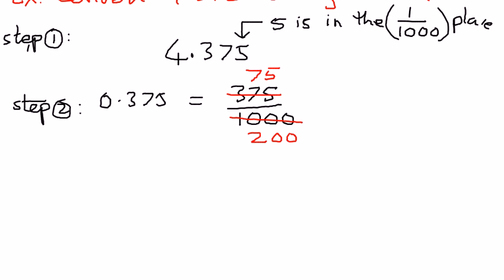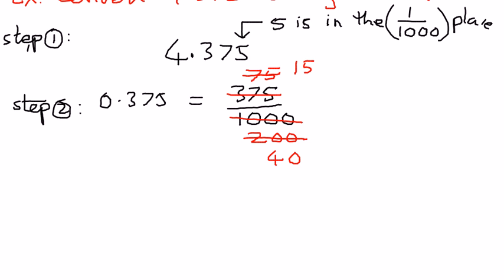75 and 200 are still multiples of 5. So therefore 5 times what number is equal to 75? 5 times 15 is 75. And then 5 times what number is equal to 200? 5 times 40 is equal to 200.